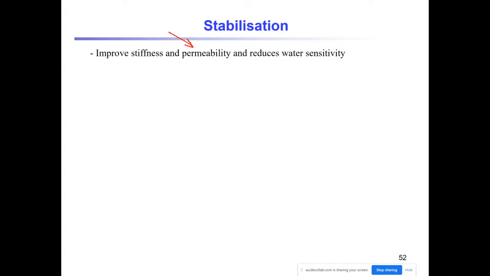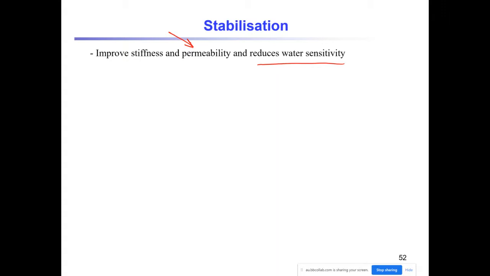And the other reason that we are using additives in order to stabilize the soil is that we want to reduce the water sensitivity. This is very important for reactive soils. For example, in Western Sydney, we are dealing with reactive soils. When you add water, the soil will expand.